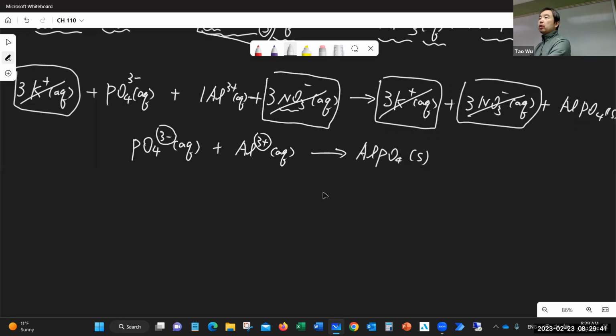Then you probably need a solubility chart.